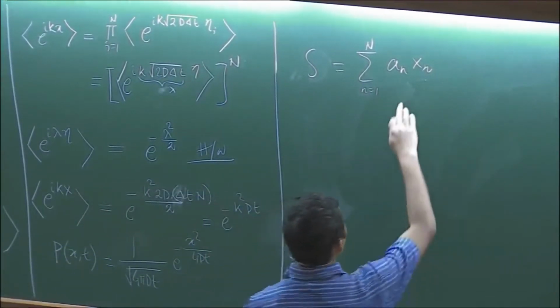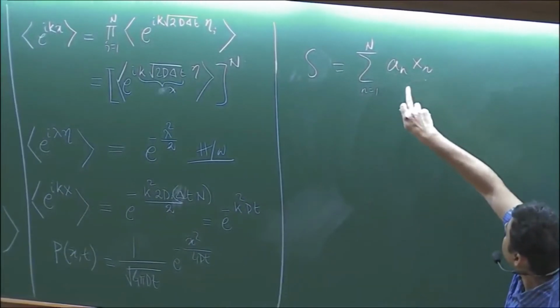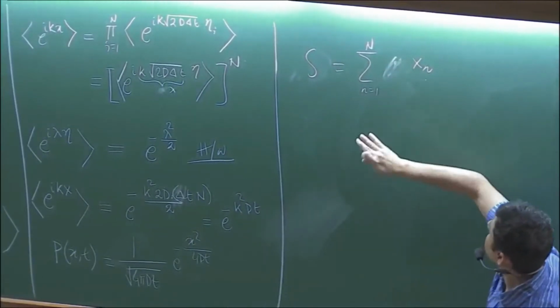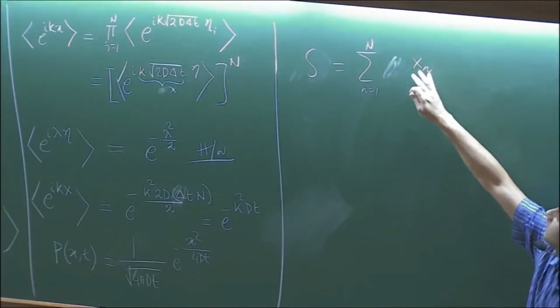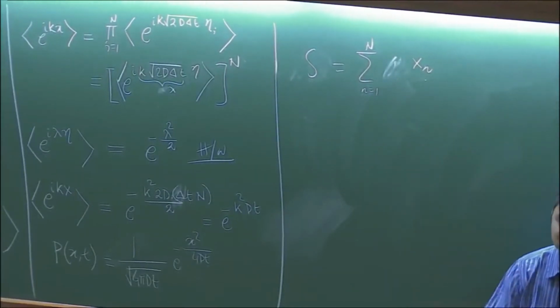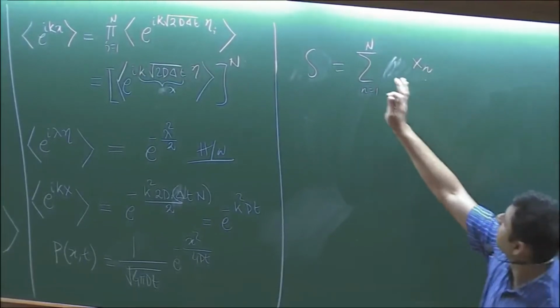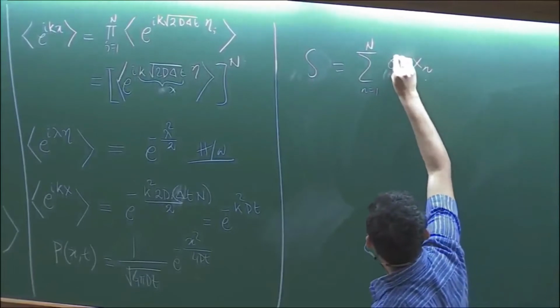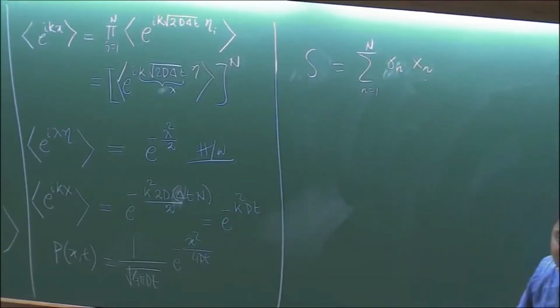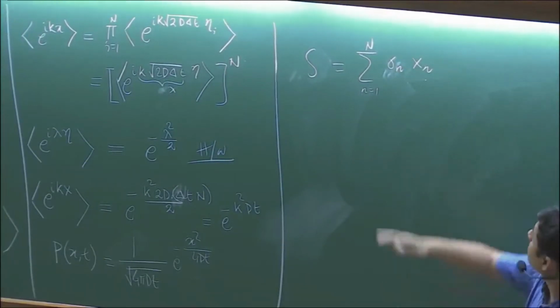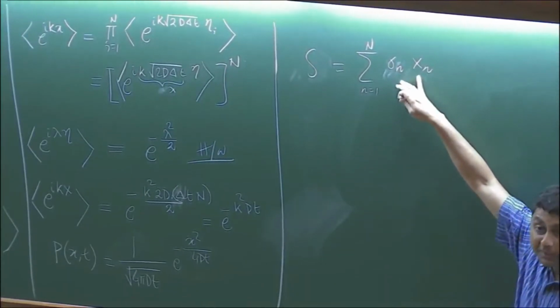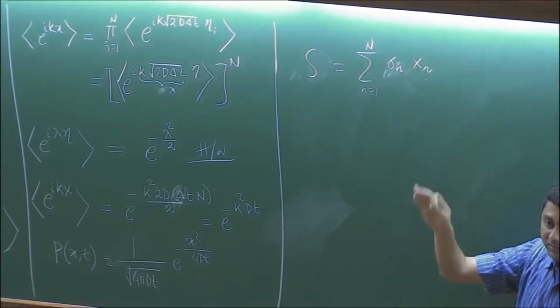I can always put this in that form. Let's say these xn's are Gaussian but have different variances. All these variances I can just take out and call it sigma n here, right? So now all these Zn's are Gaussian distributed with unit variance. You can always scale out the variance, and even if there is a mean, you can again take out the mean.